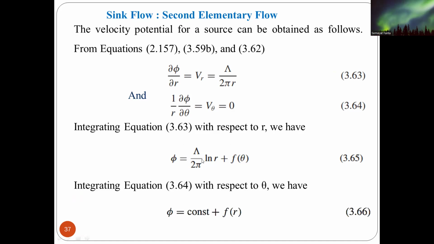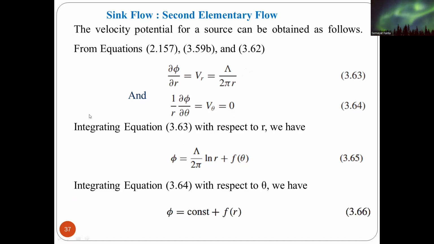The velocity potential for a source can be obtained as follows. d phi dr gives us Vr, which is source strength divided by 2 pi r. In the tangential direction, 1 over r d phi d theta gives V theta, which is equal to 0.